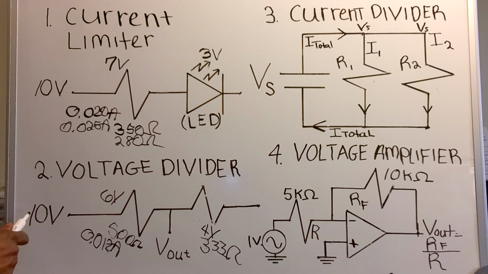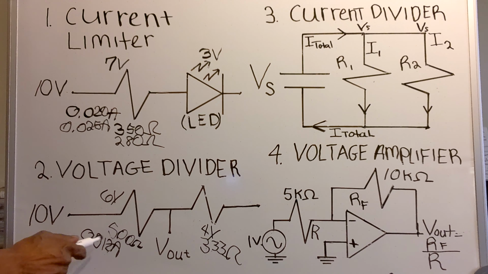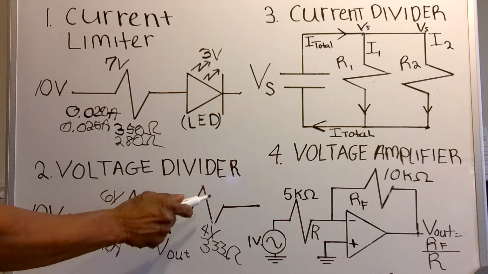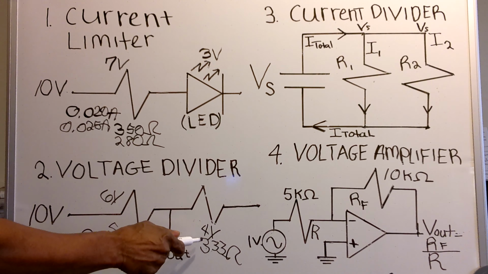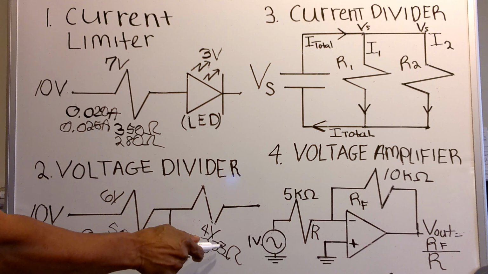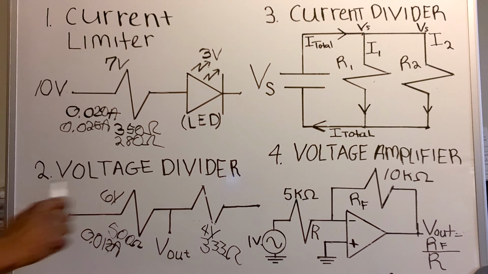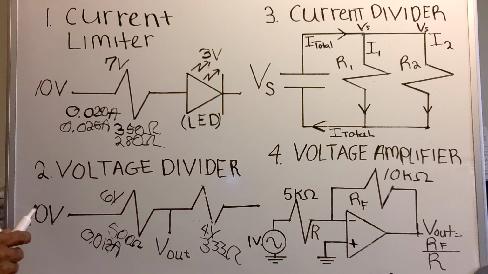So on a 10 volt source, this is a 500 ohm resistor here, 6 volts across it, I have 0.012 amps flowing through the circuit and 4 volts here with a 333 ohm resistance. So this is an example of how you can use resistors as voltage dividers.